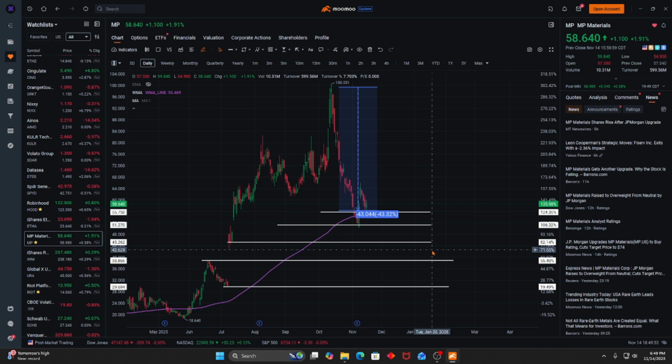Maybe the government announces, oh, we're done with MP, then sure, it's going to tank and crash. But until that announcement is made by the government and they break off their government contracts with MP, there's nothing to be concerned about. Any dip is a dip buying opportunity to make a lot of money on the way back up.